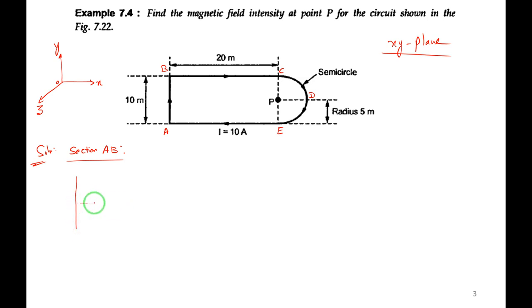Then at the center here, let me draw the perpendicular line to point P. So point P is here, right? The same thing, so A to B, this is 10 meters totally.